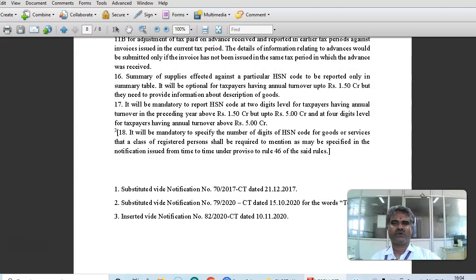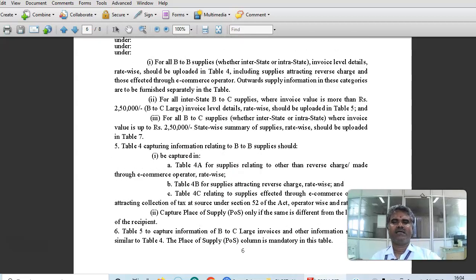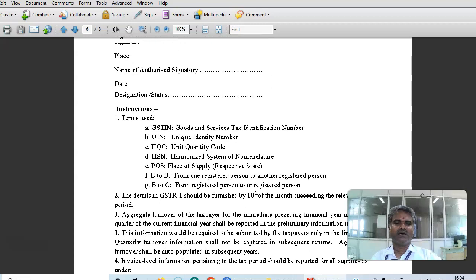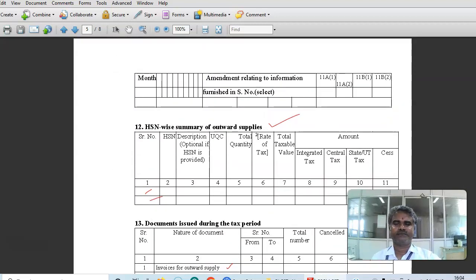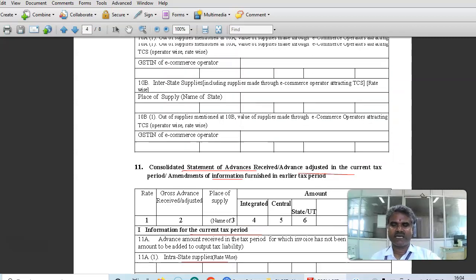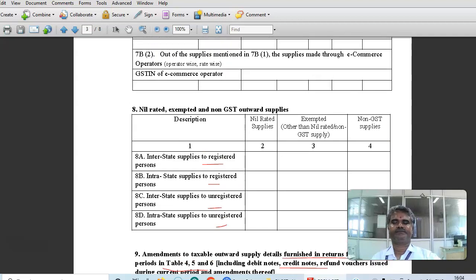Okay. So this is the GST I we have to file. This is meant for outward supplies, information regarding outward supply. Likewise, we have to see 11 forms.